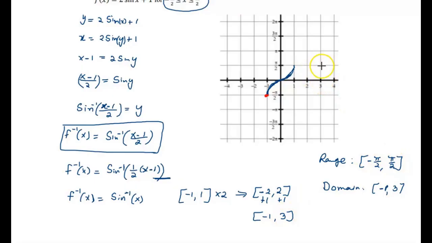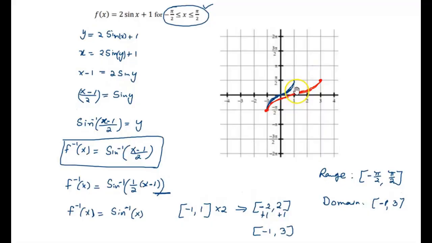Since there was a horizontal dilation by 2 and then a horizontal shift by 1, there would be only the horizontal transformation. And we get the graph of the transformed equation like this. This would be the graph of the inverse function. So this is how we get the graph of the transformed inverse function using the graph of the basic inverse function.